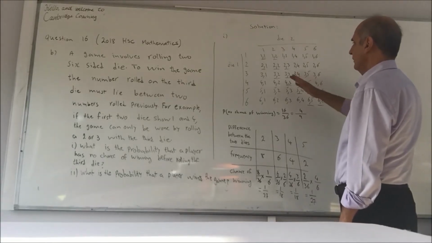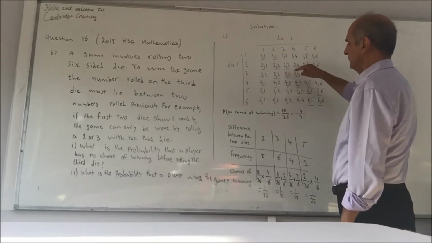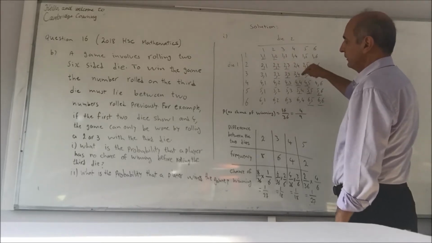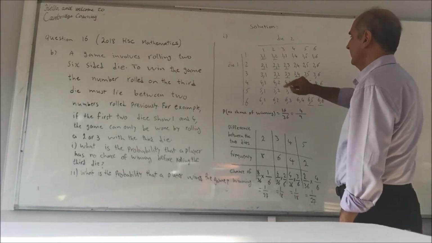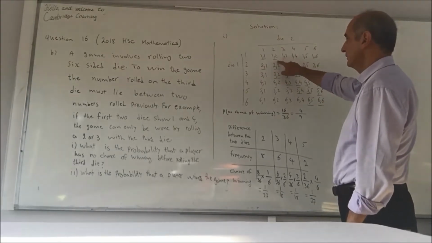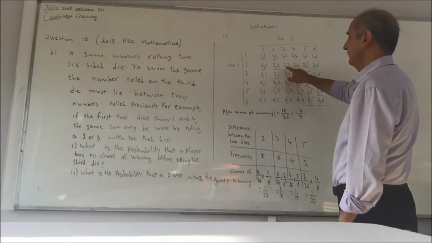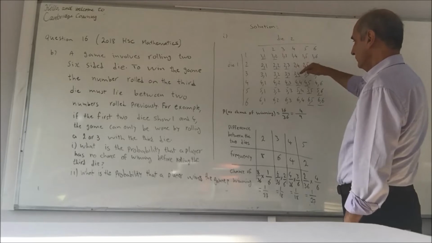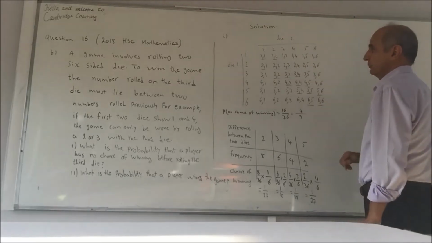But you also have the possibility happening the other way around. Rather than having 2,1, you can have 1,2. Rather than having 3,2, you can have 2,3. So these also are the cases where we cannot win on the third throw.